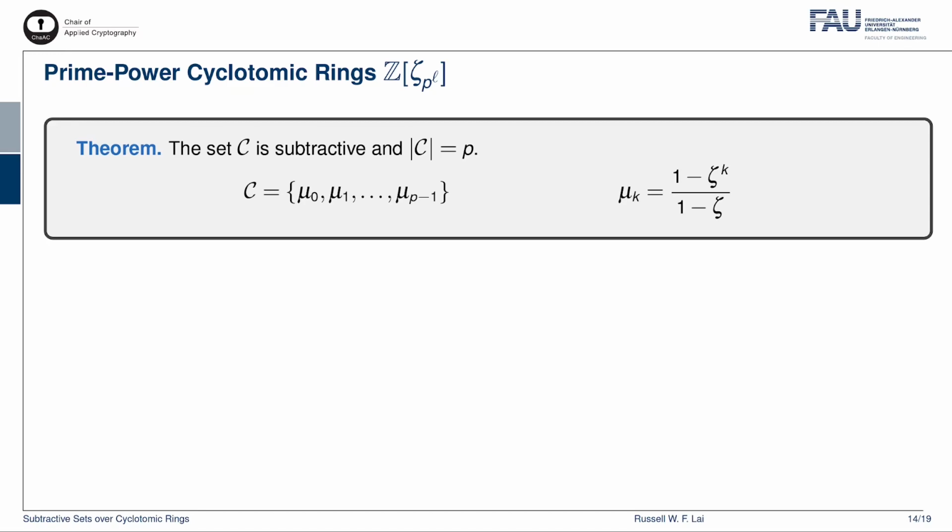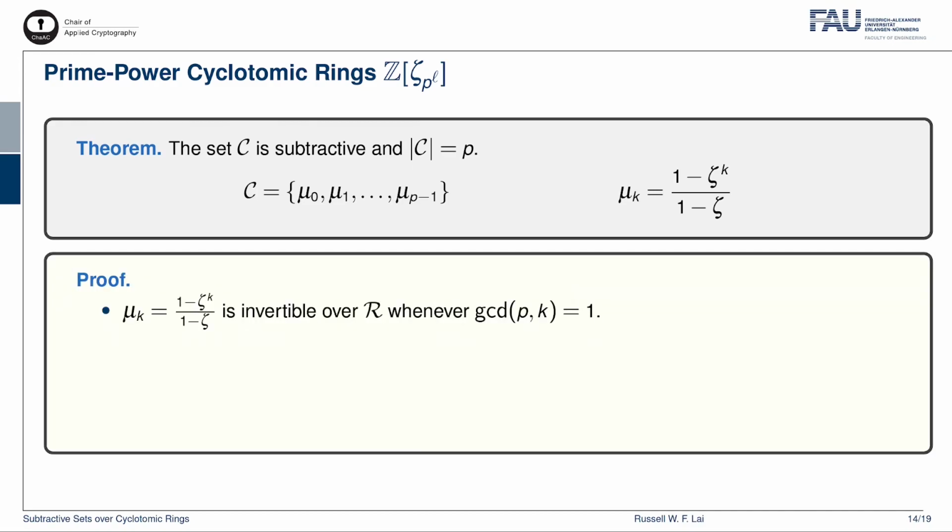We first focus on the simpler setting of prime power cyclotomic rings, that is when the order of the ring is p to the l. Consider the ring element mu k, which is defined by (1 minus theta to the power k) over (1 minus theta), as introduced in the previous slide. We show that the set C, which consists of mu 0, mu 1, up to mu p minus 1, is subtractive.